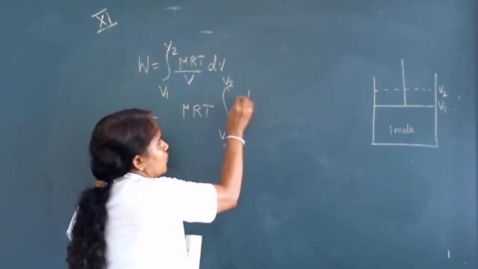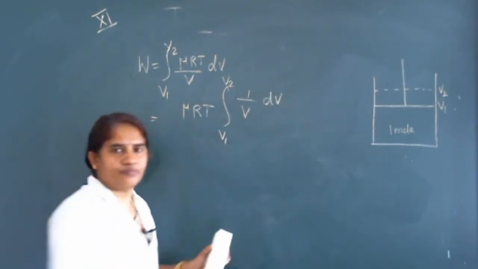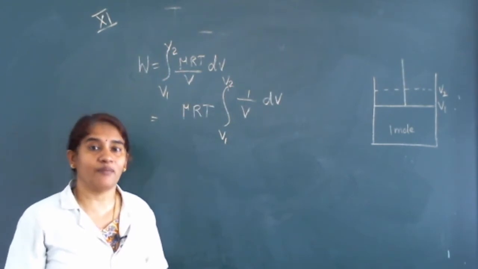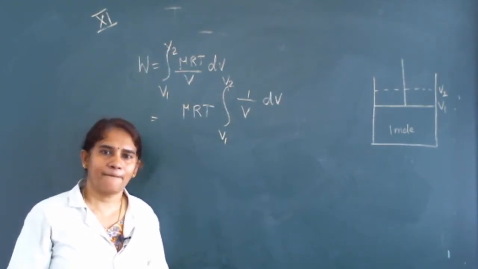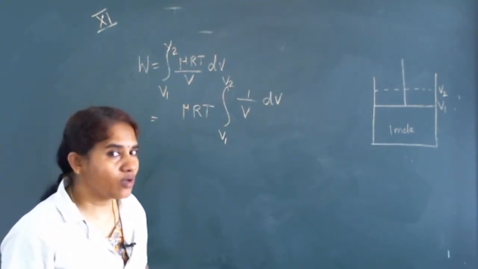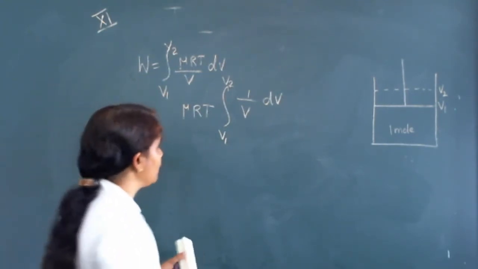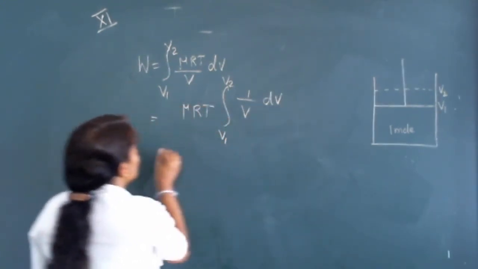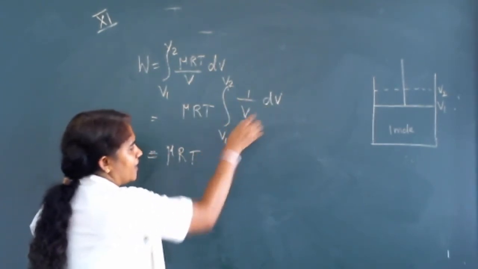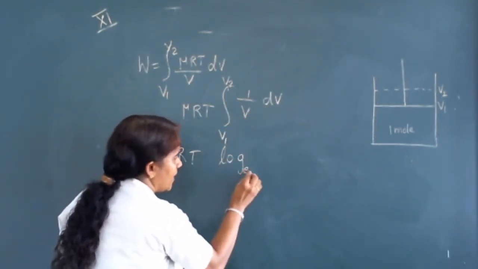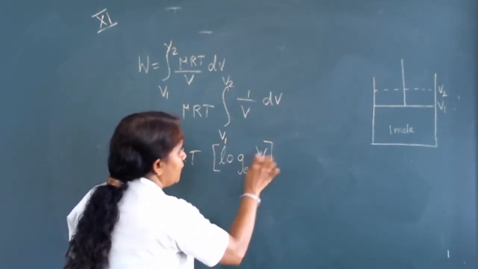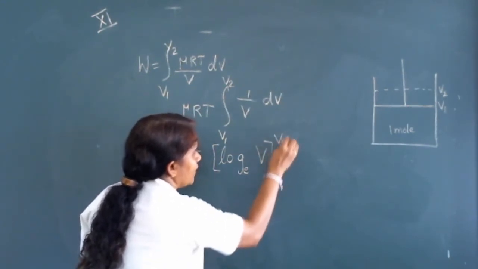Then the integral from V1 to V2 of 1 by V dV. What is the integral of 1 by V dV? It is log to the base e of V. So we can write mu RT times log V between the limits V1 to V2.